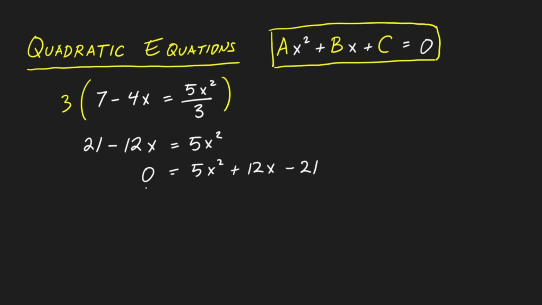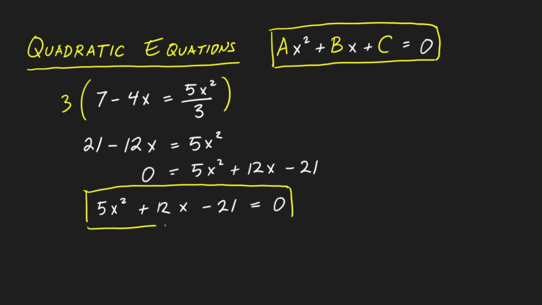But I don't like the 0 being on the left side, so we're going to switch places with the right side. I'm going to write here 5x squared plus 12x minus 21 is equal to 0. That looks a lot nicer than having 0 on the left side. Okay, so this is now in general form.